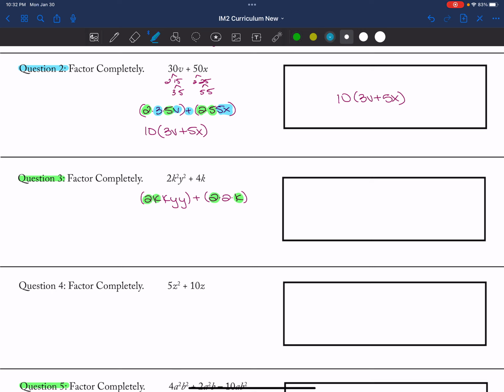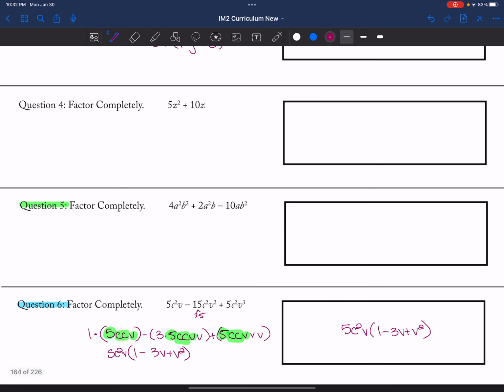And then what I am left with is ky squared and a 2. So I have a 2k that comes out, and I'm left with ky squared plus 2. I also have that plus sign that's in the middle there. So I have 2k and then ky squared plus 2.